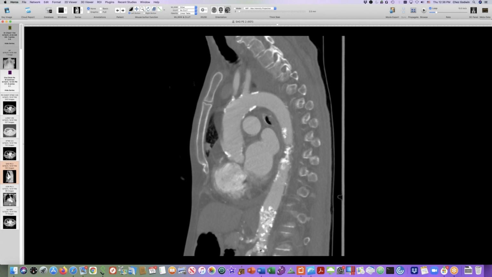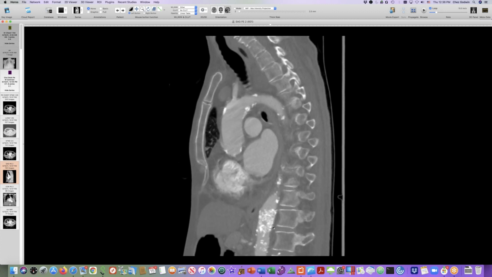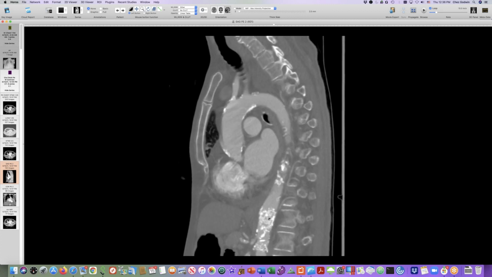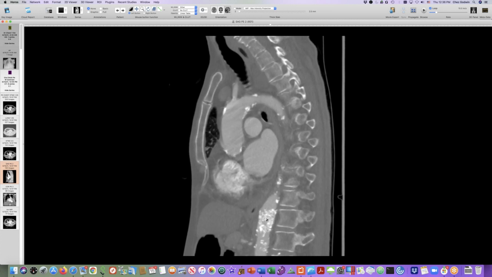So here's our stuff again in the aorta. It's very disorganized looking, but it seems to be stippled calcification. And then down here, this very stippled stuff. Is it systemic embolization of cement or something, methyl methacrylate?